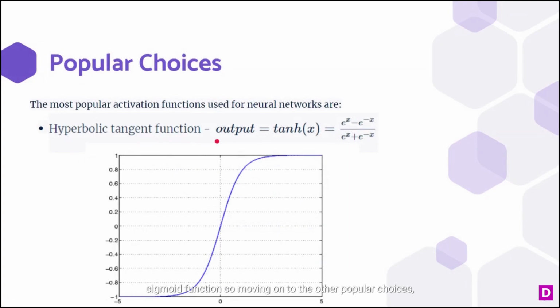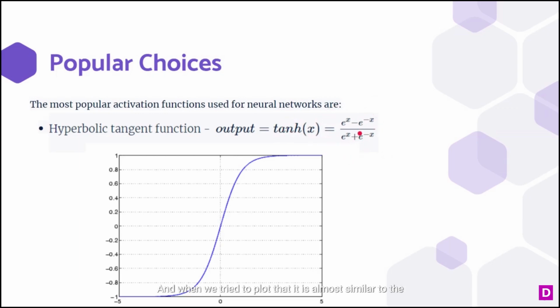Moving on to the other popular choices, we have the hyperbolic tangent function, which uses the tanh function to calculate the output of a given neural network. It is represented as e power of x minus e power of minus x, divided by e power of x plus e power of minus x. This is the general tanh equation which we apply on the cumulative sum of the input signals.